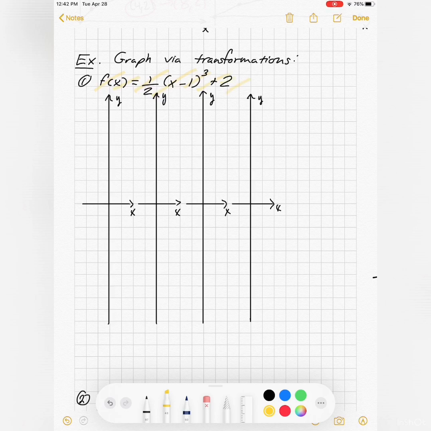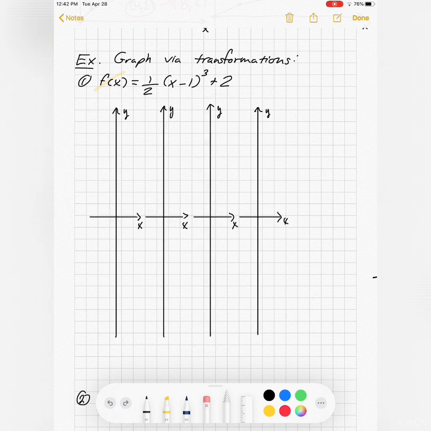Okay, so I have to do this in pieces. The first step is to identify the base graph. I should have left a little bit more room. I'm going to move this down a little bit here.